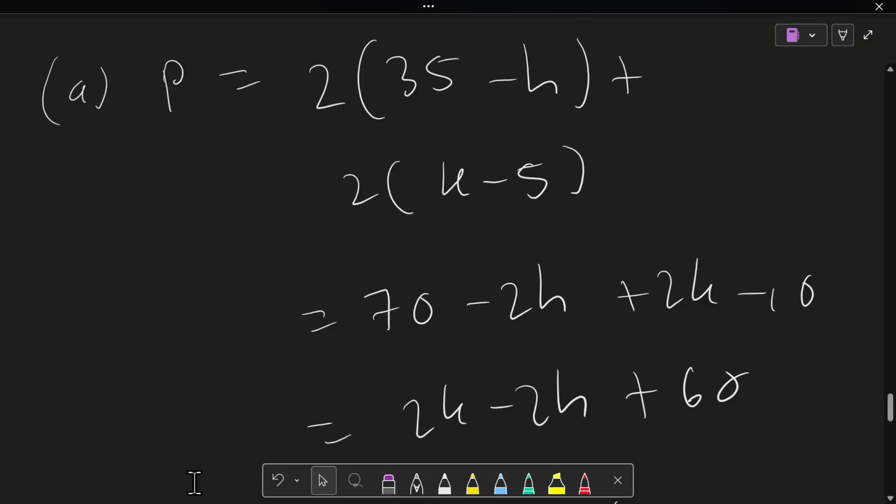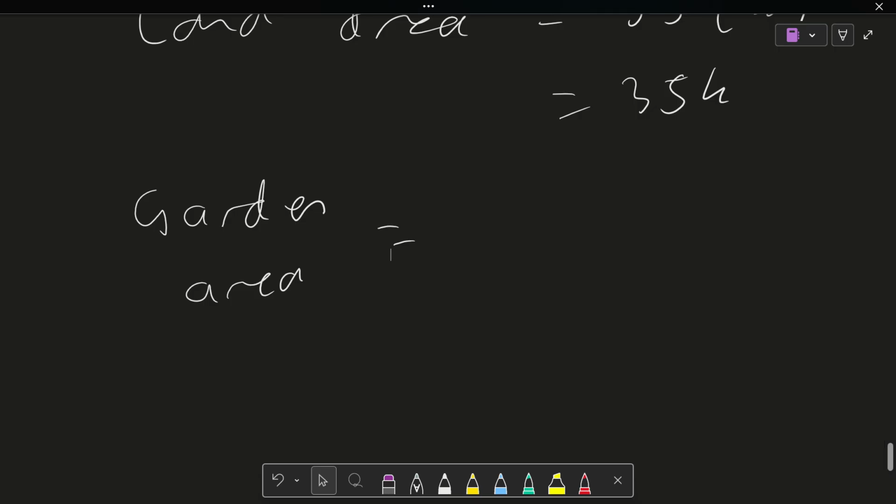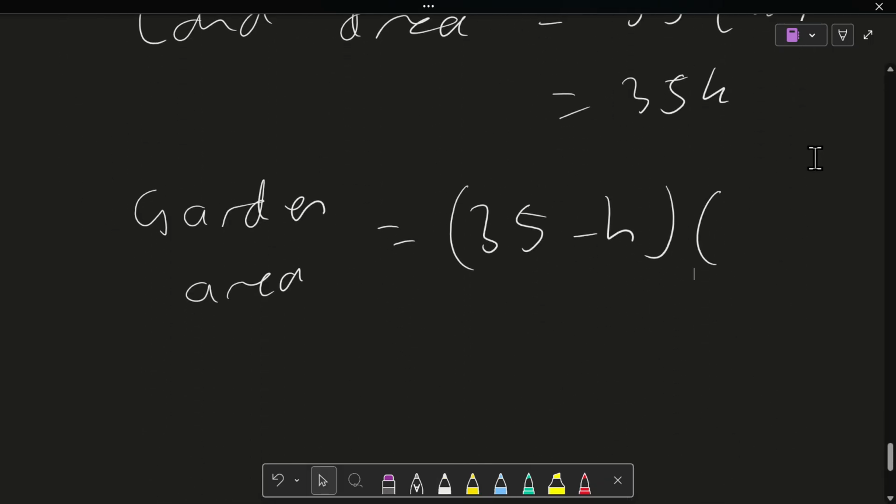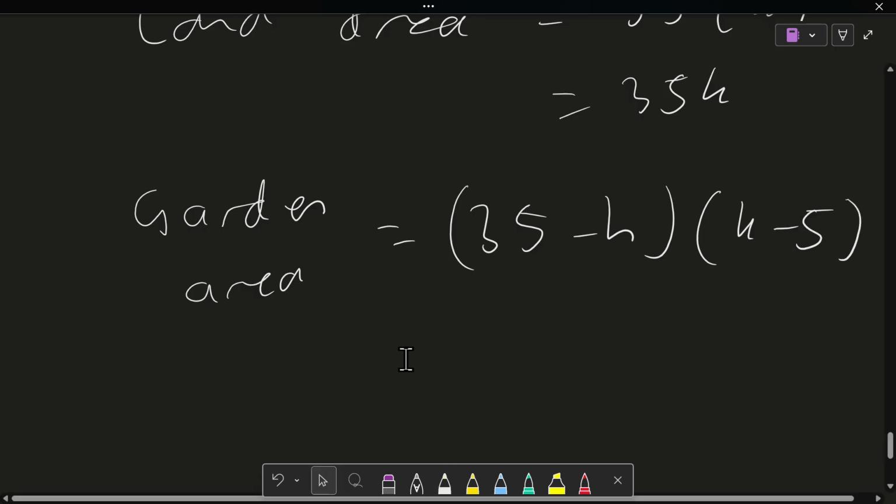So we just take 35 minus h, multiply this by k minus 5.